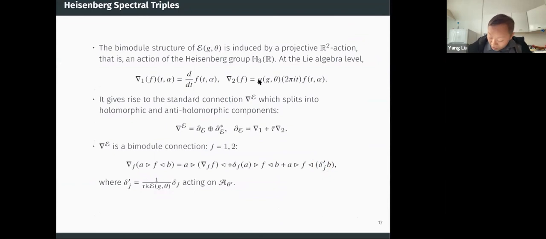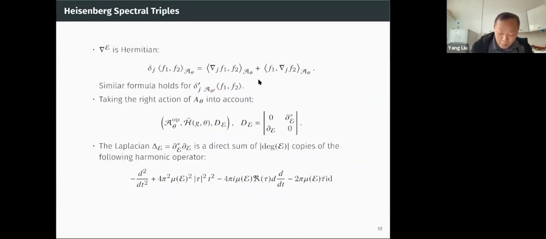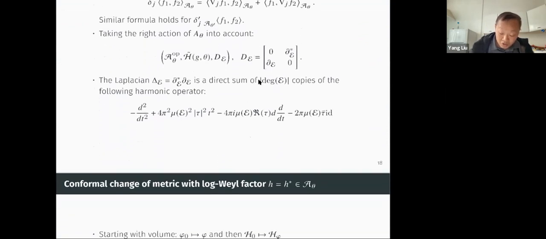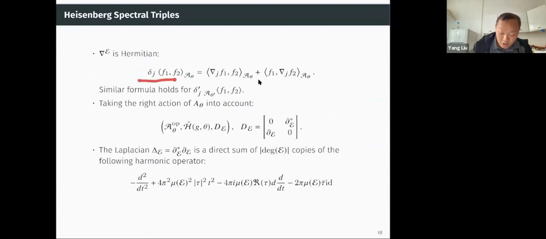So this is the derivation property, and it also satisfies the compatibility with the Hermitian structure here. Right, so this is the compatibility of the derivation with the Hermitian structure.